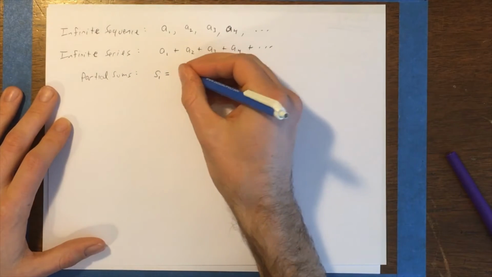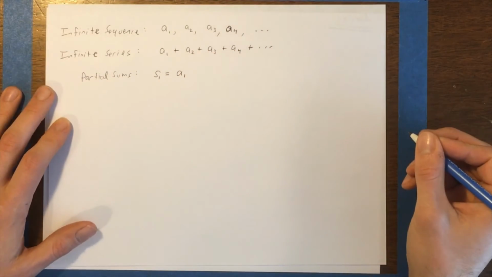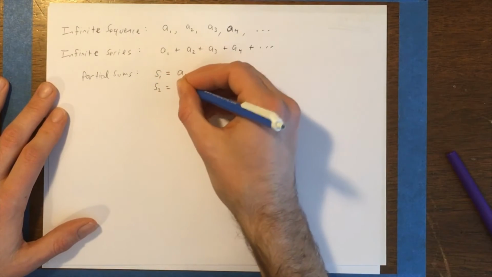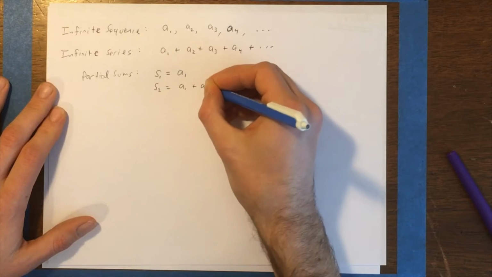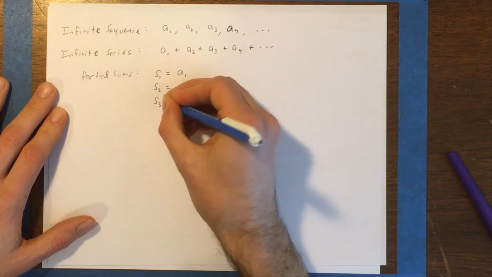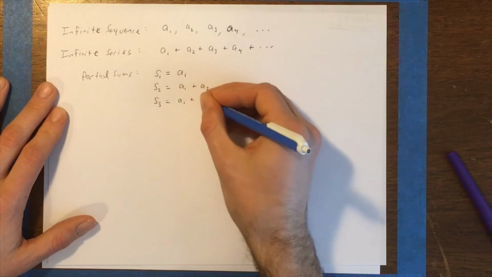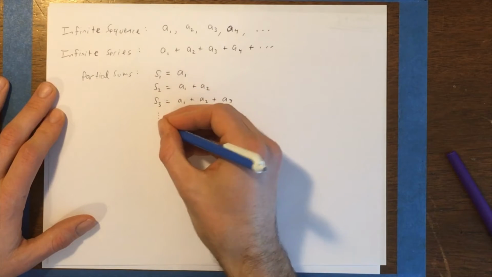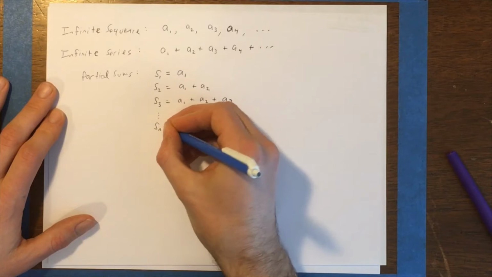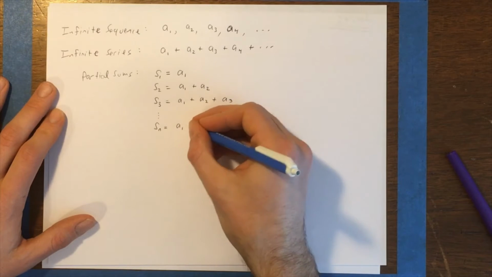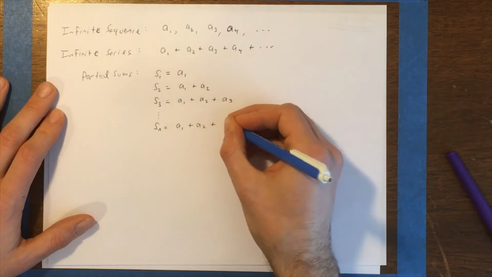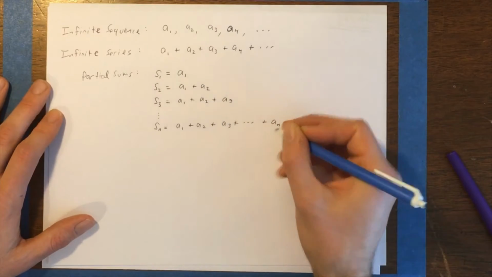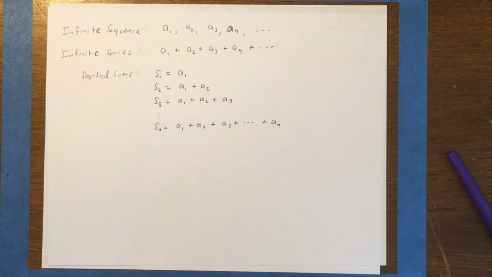So S1 is just equal in value to the first term in whatever sequence you're working with, A1. But S2 is going to be the sum of the first two terms, A1 plus A2. And then S3 is the sum of the first three terms, A1 plus A2 plus A3. So, etc. So that Sn is going to be the sum of the first n terms, A1 plus A2 plus A3, and then keep on going until you get to plus An, whatever you choose n to be equal to.